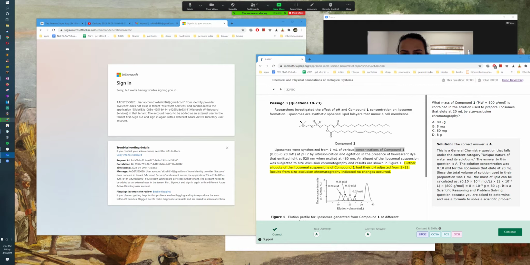Since it's 1 ml of compound 1, they mix that into the solution, and you get, because in here there's also liposomes, right? Probably solvent, right? And they throw that into here, and also dye, right? So that's an aliquot.